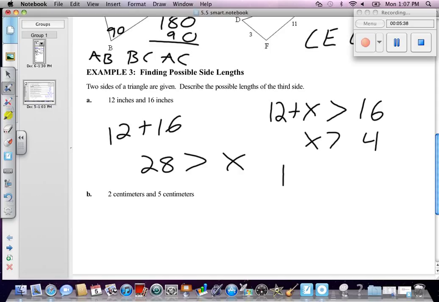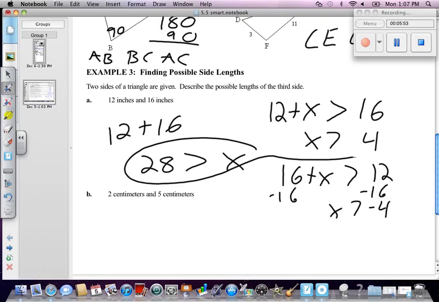And we know that 16 plus x has to be bigger than 12, so we subtract 16 from both sides. Well, we know x is going to be bigger than negative 4. So we know x has to be between 4 and 28.